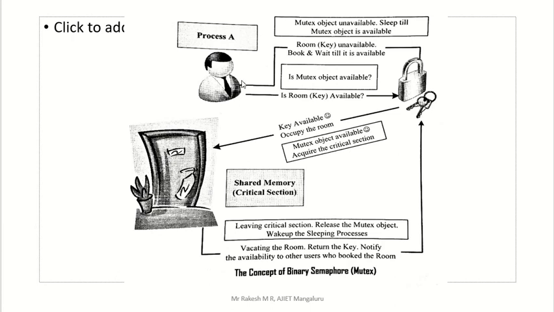The receptionist can allow only one person inside that room. You can see only one key is there. In terms of the critical section, only one process can enter at a time.